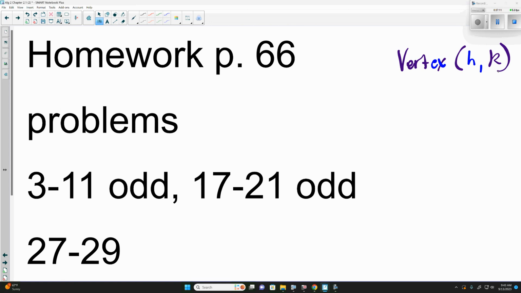Talk about this briefly, because whenever you get a function in vertex form, the h value inside is the h value of the vertex. Like with most things, we have to flip the sign. So if it's negative inside the parentheses, it comes out as positive. If it's positive, it comes out as negative. And k is exactly what it looks like. So up or down.